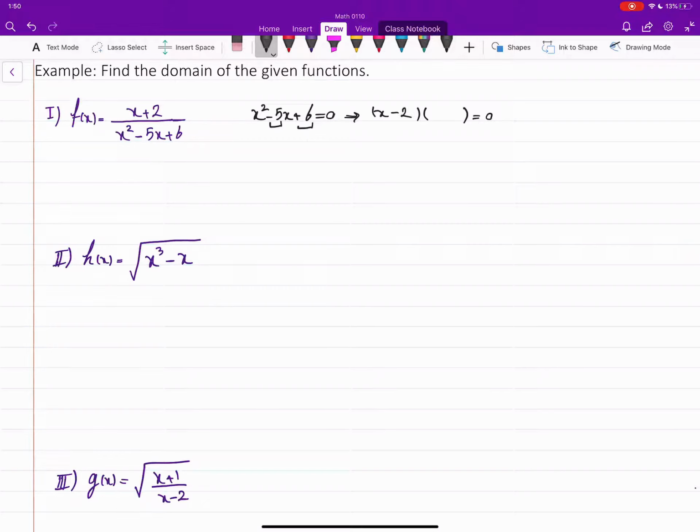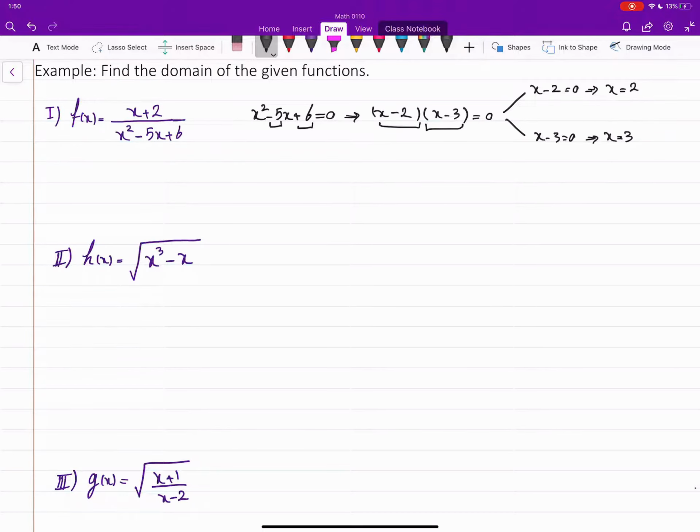So these will be the two numbers you're looking at. Then you have two factors multiplied equal to 0, so either one needs to be 0, and that means that x can be 2 or x can be 3.